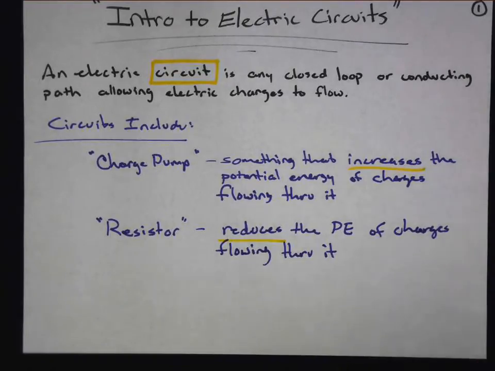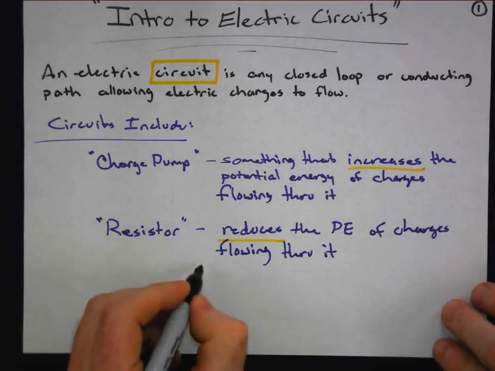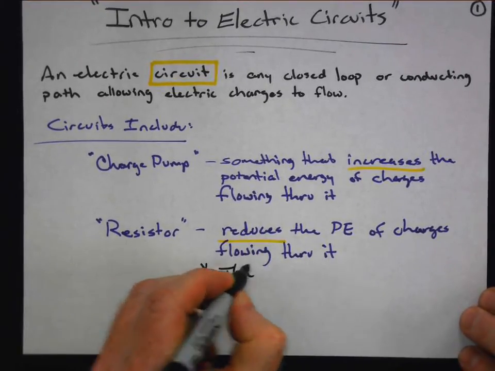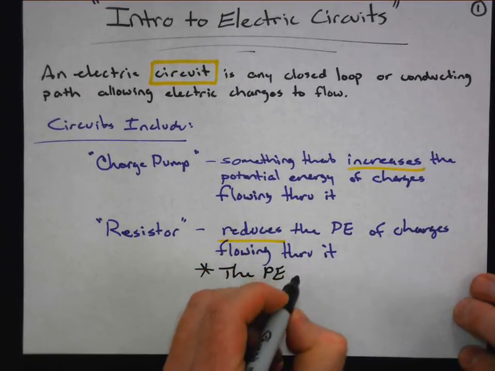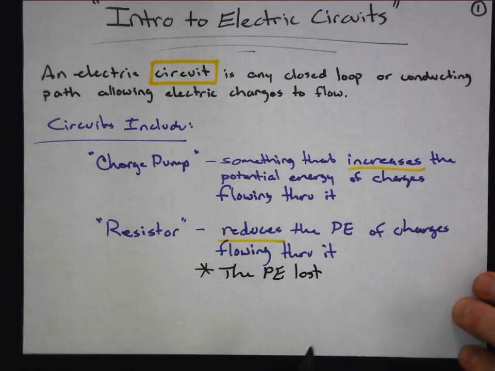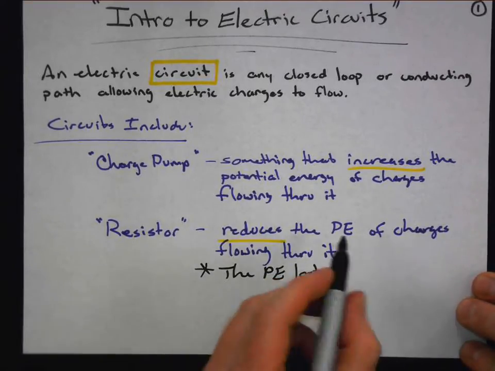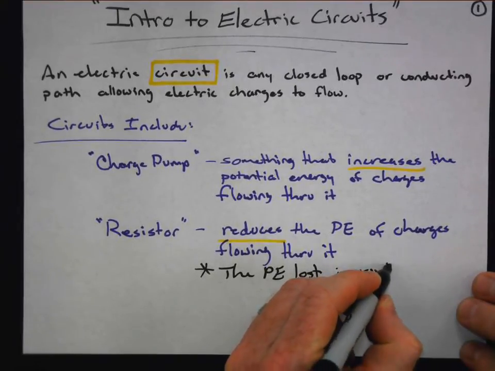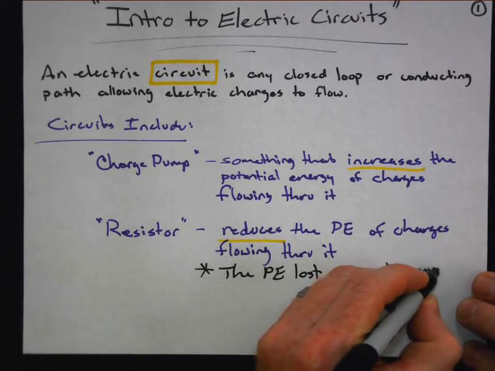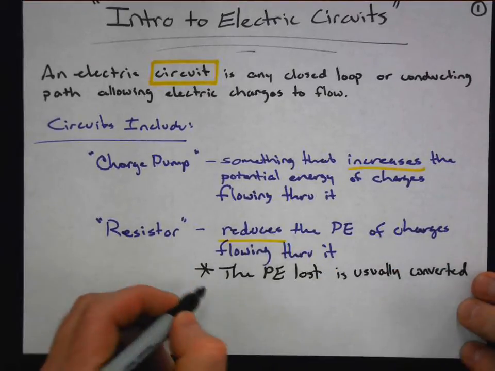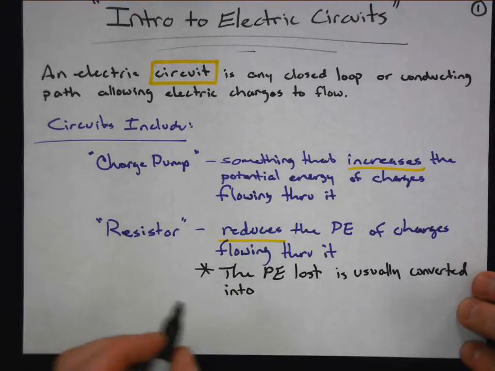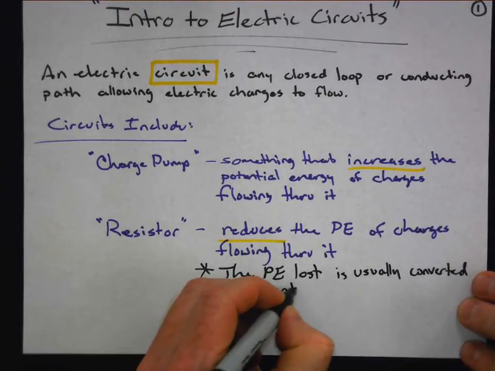Now, the potential energy lost by the charges moving through a resistor. So a little kind of extra bit here about a resistor. The potential energy lost in the resistor is usually converted into other stuff, useful stuff. You might have a device that makes motion, get something to move, like an electric motor.